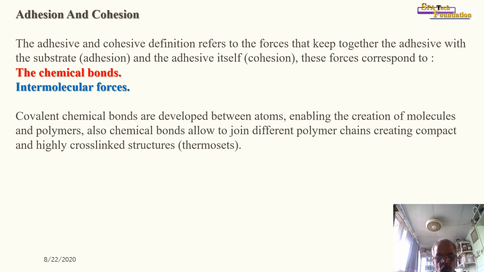Covalent chemical bonds are developed between atoms, enabling the creation of molecules and polymers. Also, chemical bonds allow joining different polymer chains, creating compact and highly cross-linked structures, known as thermosets.